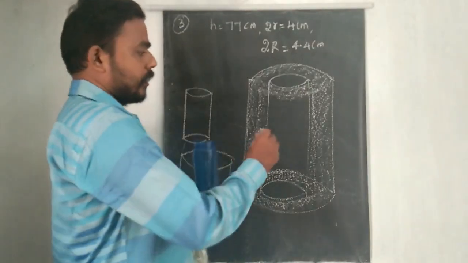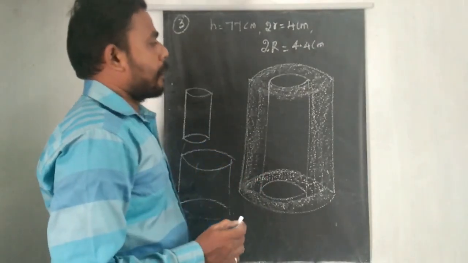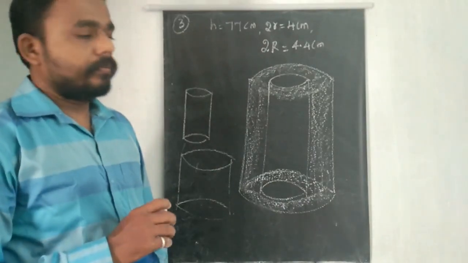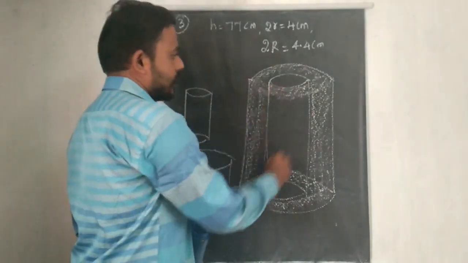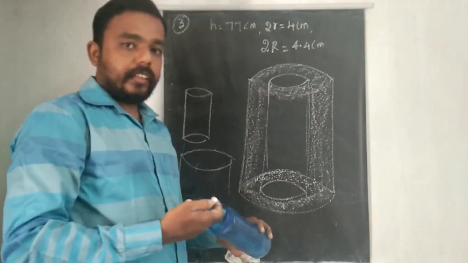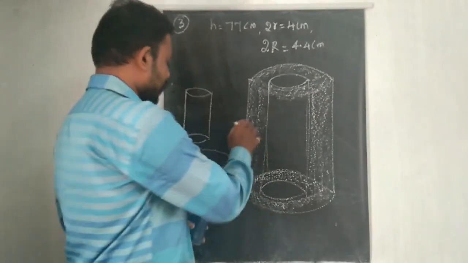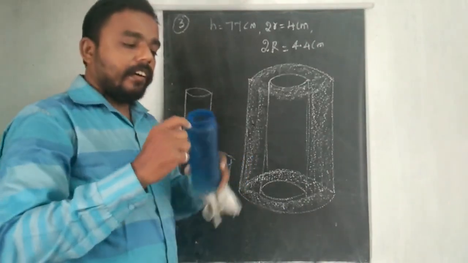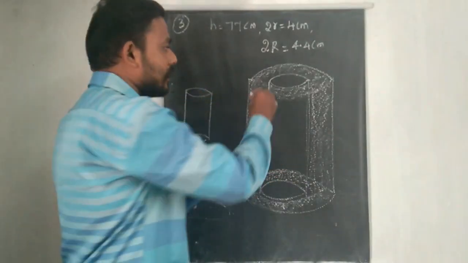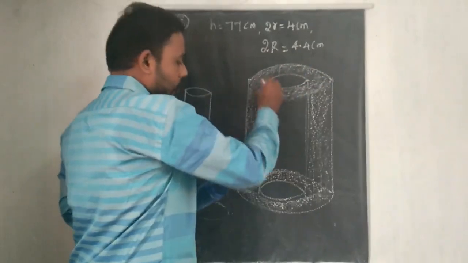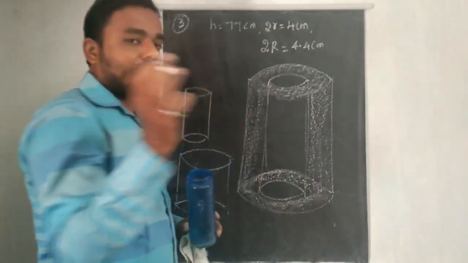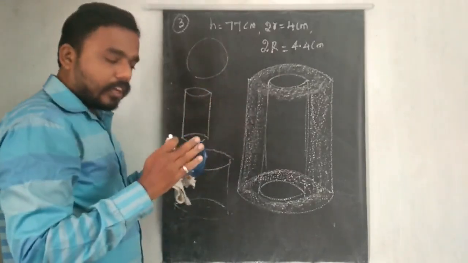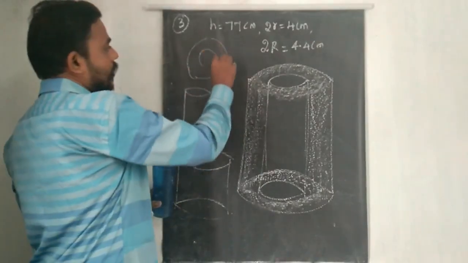Okay. And the third one is to find the total surface area. Inside, okay, this is the inside thing. Outside, it's given, we already find, that is outside. What is the thickness? This is the thickness, no? We need to find this thickness. Recall, the top view is nothing but a circle.